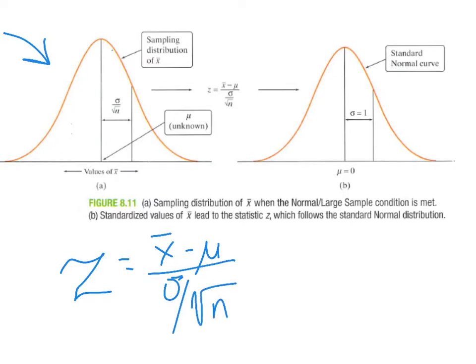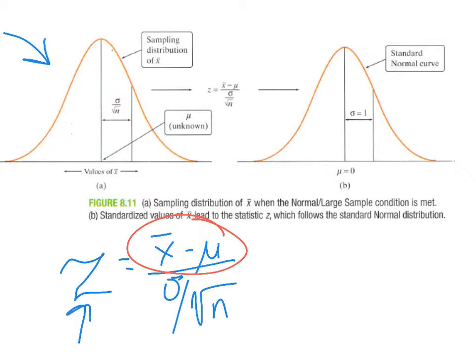When I standardize that, subtracting mu takes me down to a mean of 0, because my population mean and my sampling distribution mean should be the same. And it doesn't affect my shape or spread.